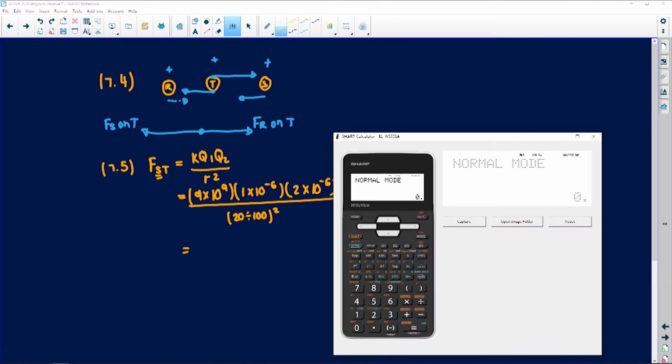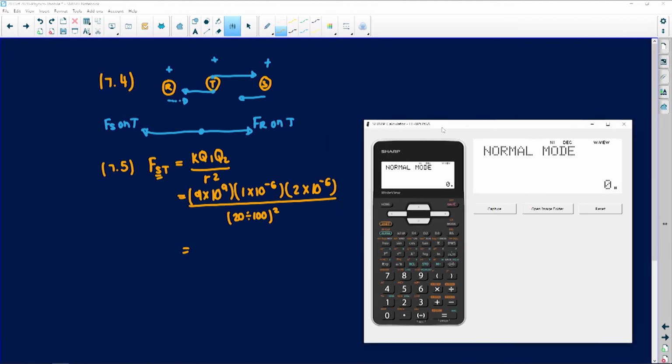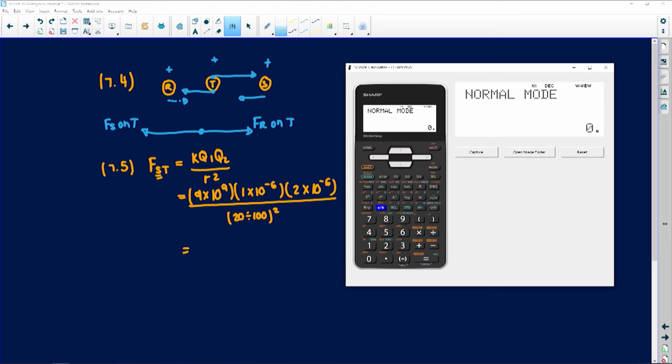I'm going to put it exactly as it is in my calculator. Remember to always use brackets so that you can get a correct answer. I'm going to say 9 times 10 to the exponent 9. Close my bracket. I'm going to have 1 times 10 to the exponent negative 6. Close that bracket. And then next to that I have 2 times 10 to the exponent negative 6. Close that bracket. At the bottom, I'm simply just going to say 20 divided by 100. Close my bracket, and that is to the exponent 2.